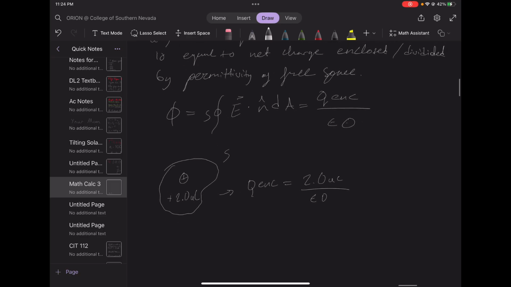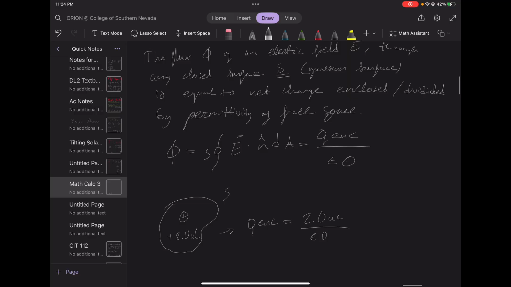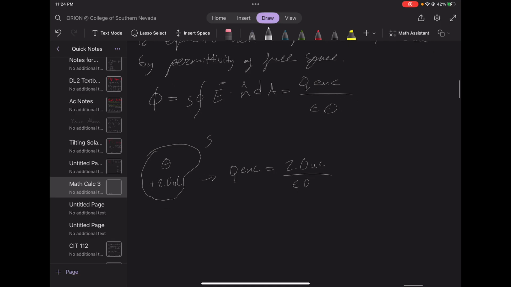Or sorry, by the free space. So it's the charged closed surface, the electric field over the permittivity of free space. And with that formula, you would be able to get specific answers for the amount of charge or the flux that would exist.